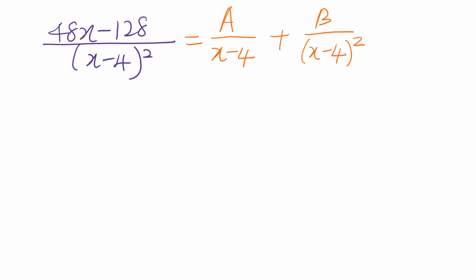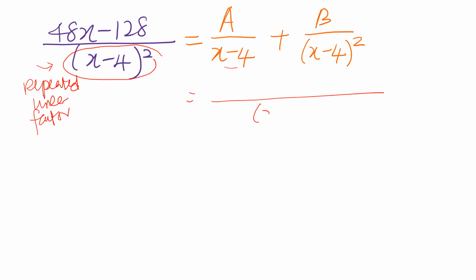Right, so if you look at this proper fraction, your denominator is actually a repeated linear factor. So for a repeated linear factor, we can break it up into a over linear plus b over repeated. Right, so like what we have done so far, we combine them into a fraction again.